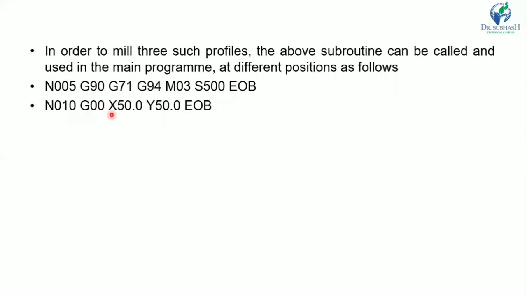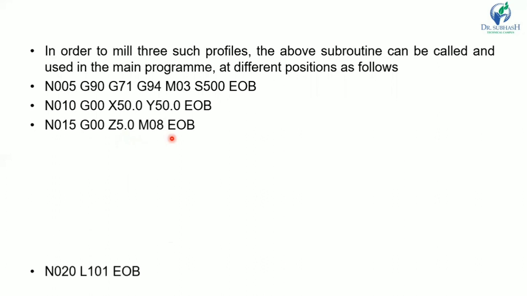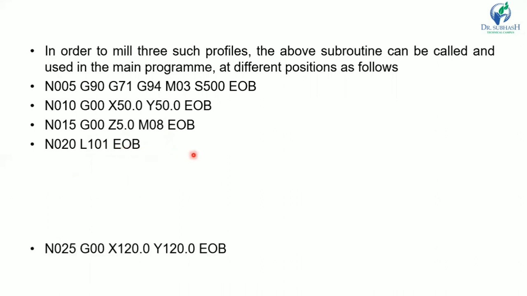Then G00 X50 Y50 moves to the starting point at the first position. Then with M08, the spindle moves to 0.5 mm above the surface and coolant is on. Now we introduce subroutine L101 that we discussed in the previous slide, calling subroutine 101.